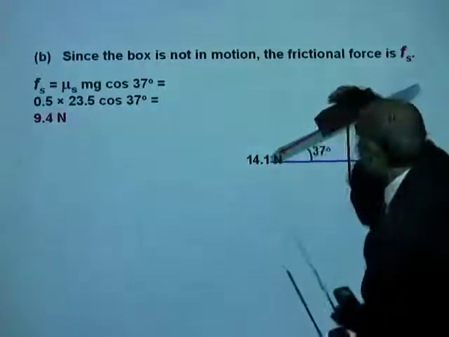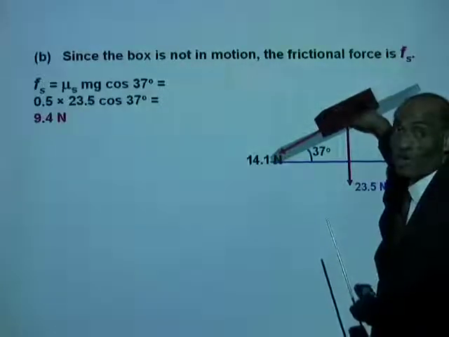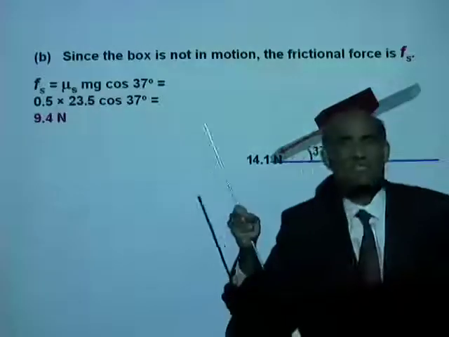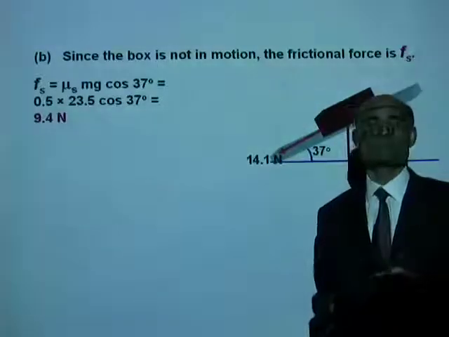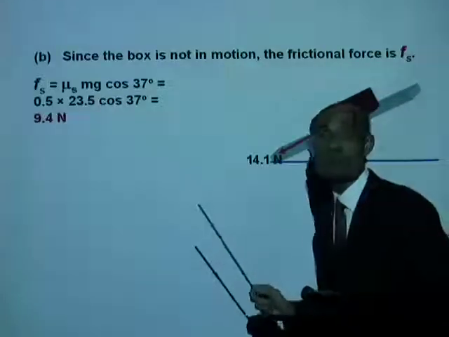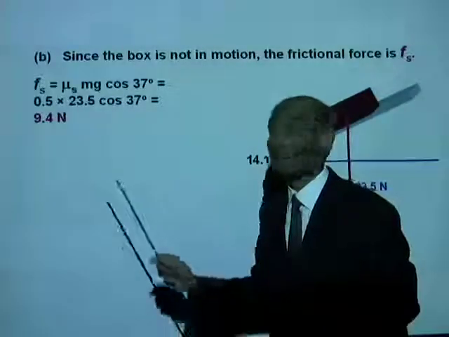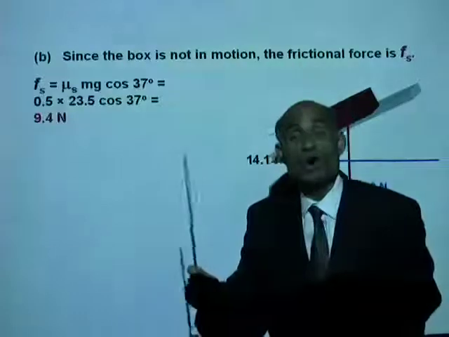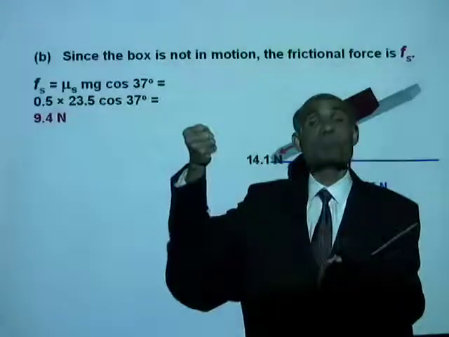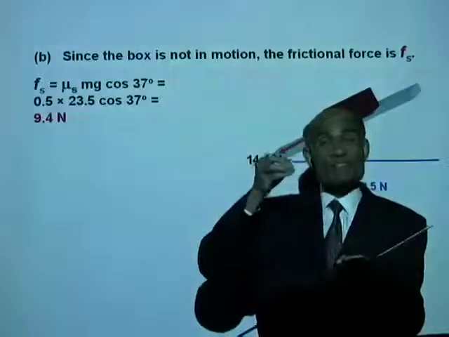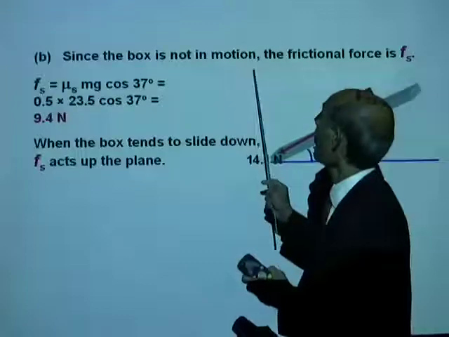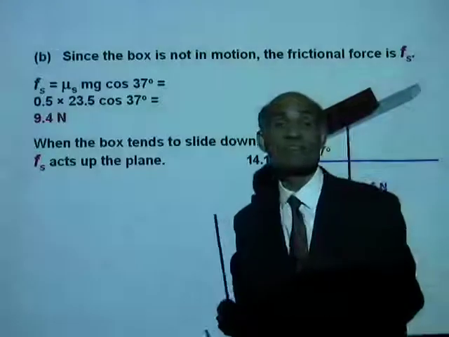So when you place this block on the inclined plane, this frictional force is preventing it from sliding down. But because the downward force is 14.1 Newton, this frictional force alone will not keep it there. You need an additional upward force to prevent it from sliding down. The question here is, what is that additional force?